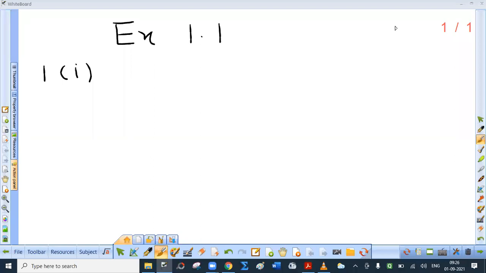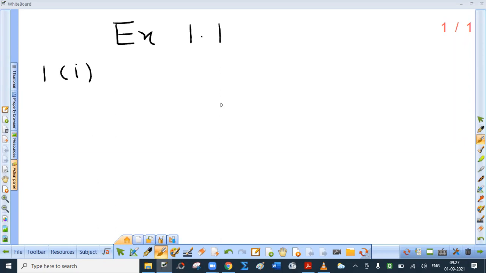Exercise 1.1, question number 1. State which of the following are statements. Justify in case of a statement, and state its truth value. First: 5 plus 4 is equal to 13. Is it a statement?